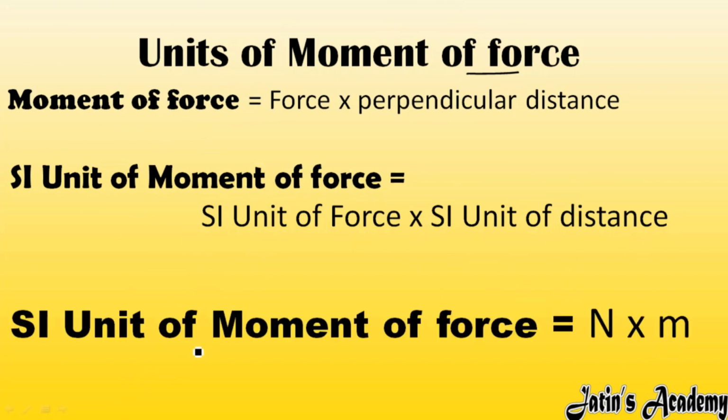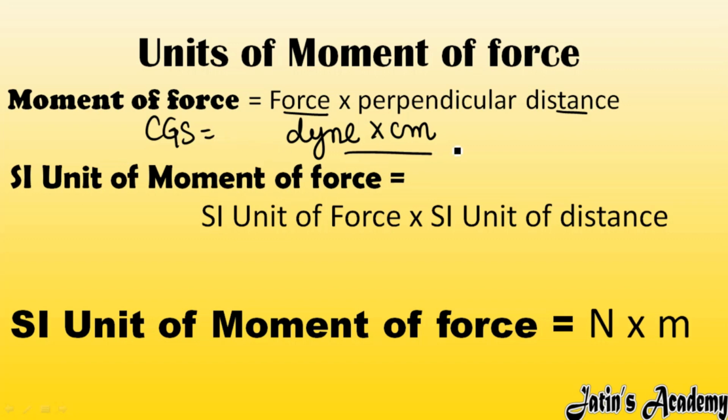So the SI unit of moment of force is Newton meter. The CGS unit of force is dyne and the CGS unit of distance is centimeter. So the CGS unit of moment of force is dyne centimeter. The SI unit is Newton meter, the CGS unit is dyne centimeter.